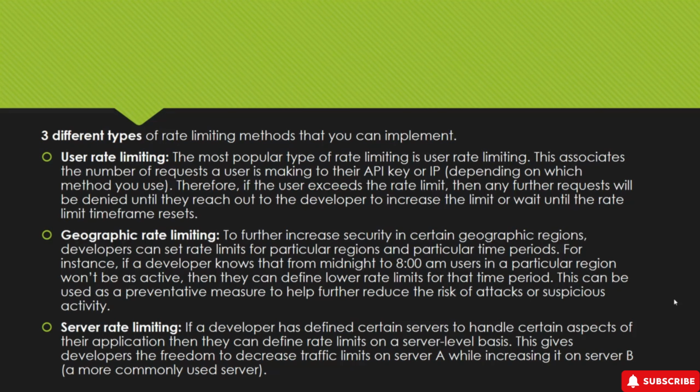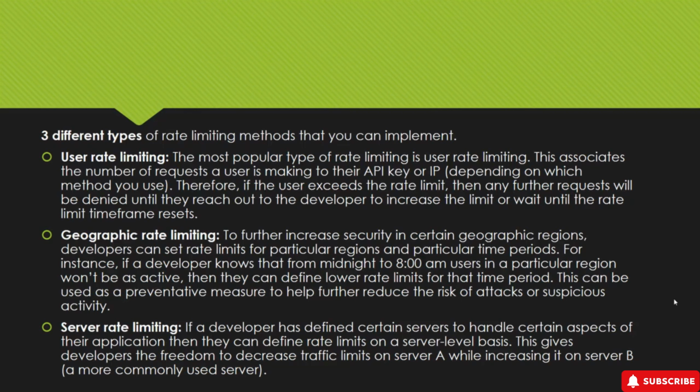After that, we have geographic rate limiting. To further increase security in certain regions, developers can set rate limits for particular regions and particular time periods. For instance, if a developer knows that from midnight to 8 AM, users in a particular region won't be so active, then they can define lower rate limits for that time period.